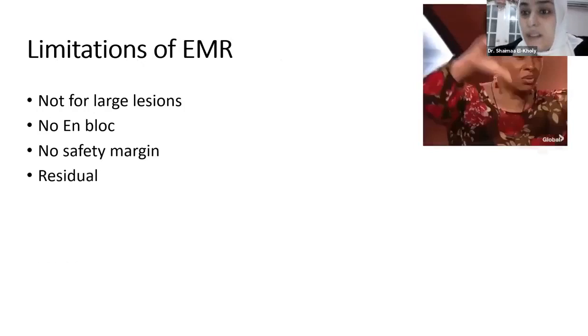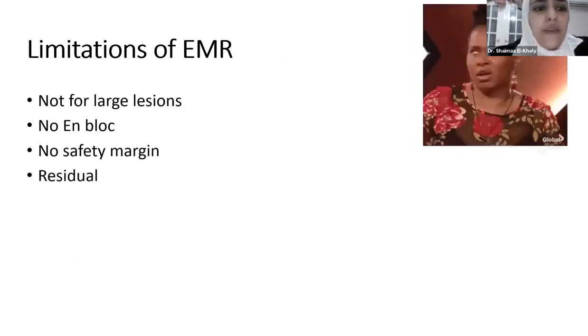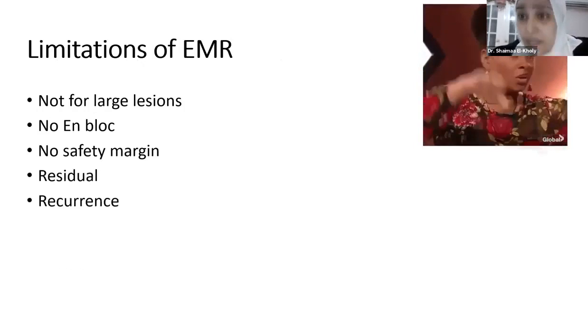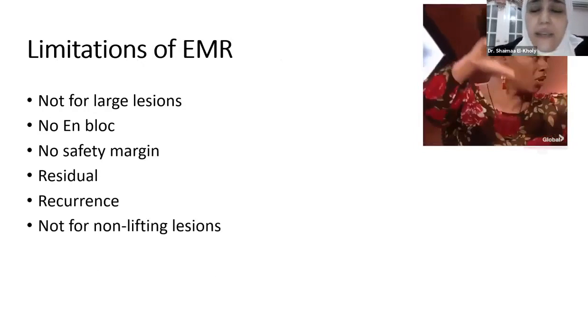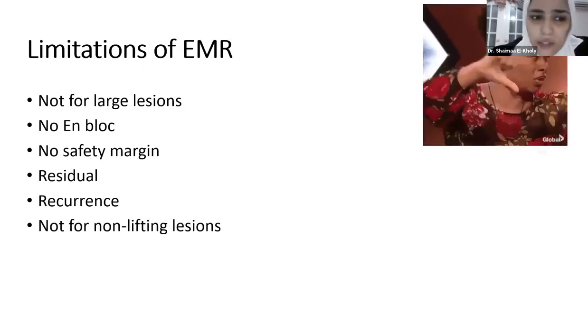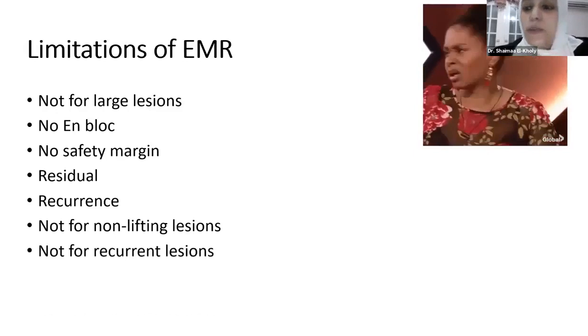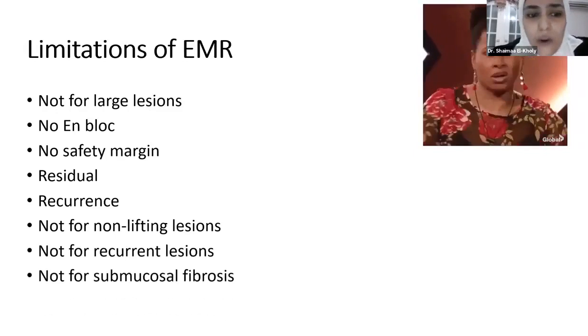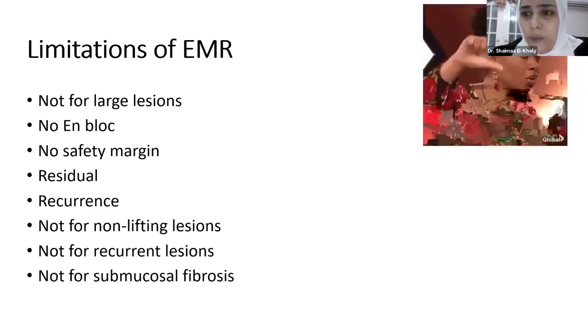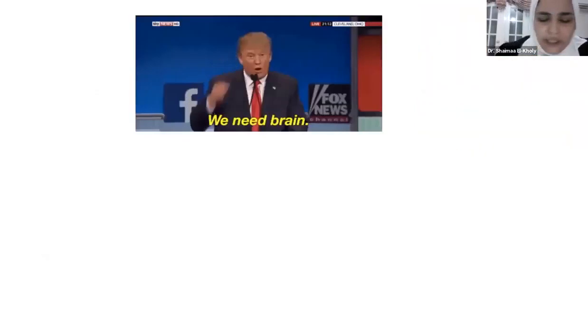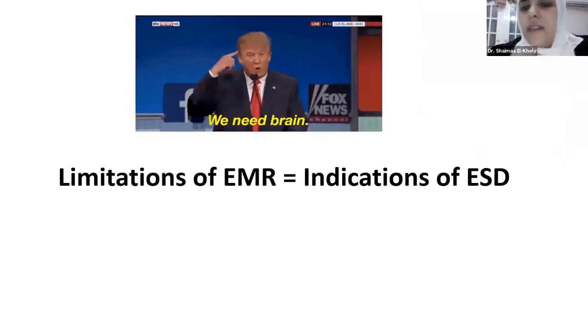Besides, there is a risk of a residual lesion, and this residual lesion may lead to recurrent lesions. And EMR is not suitable for non-lifting lesions, and it's also not suitable for recurrent lesions or any lesions with submucosal fibrosis. So if you just give it a little bit of thinking, of course, not like this guy thinking, the limitations of EMR are the indications for ESD.